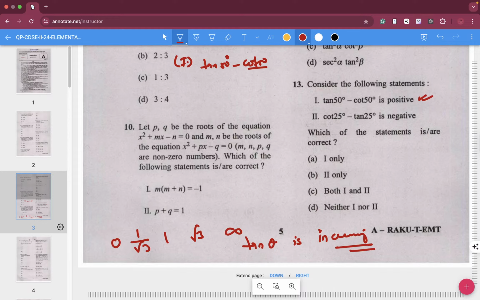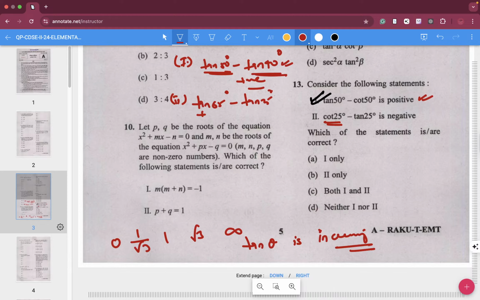Now cot 50 can we simply write like tan 40? Cot 50 can be written as tan 40, because tan and cot are complementary, 40 plus 50 is 90. So obviously this value is bigger and this value is smaller, so this will give you a positive value. It means that your observation 1 is correct. Now if you look at the second option, cot 25, I can simply write cot 25 as tan 65, complementary, minus tan 25.